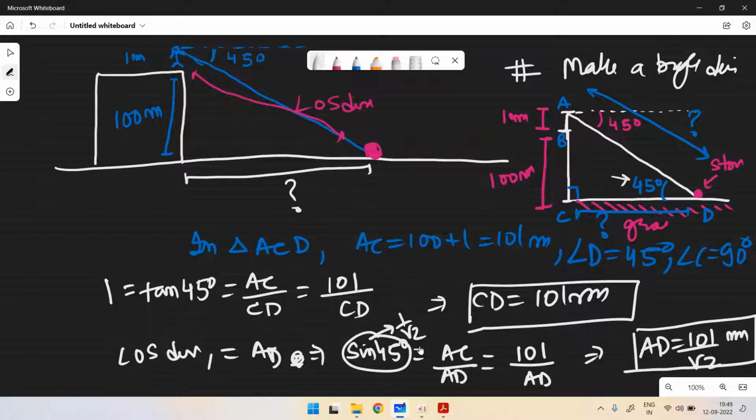Now next, let's suppose there is a balloon, a small balloon of negligible length.